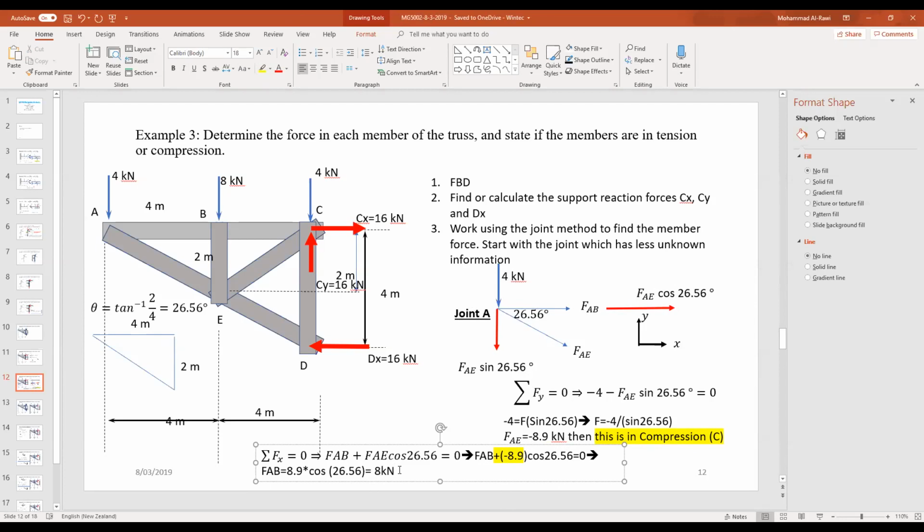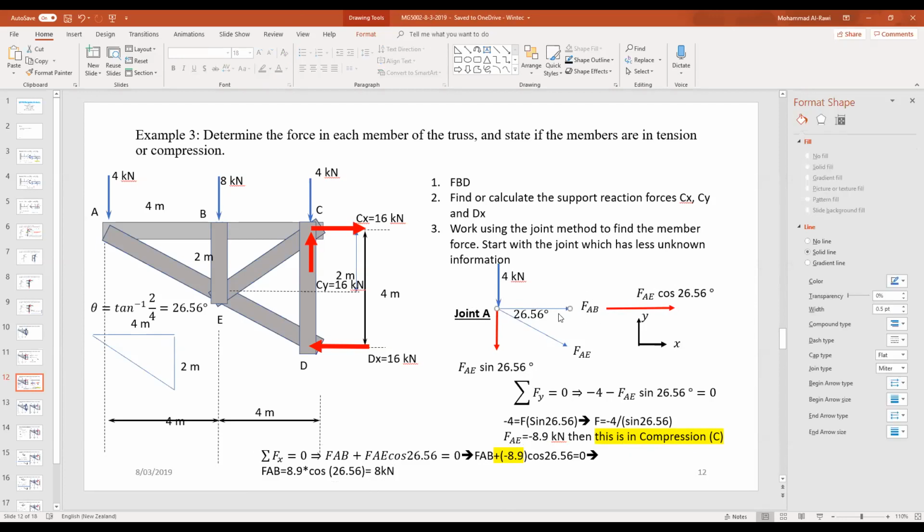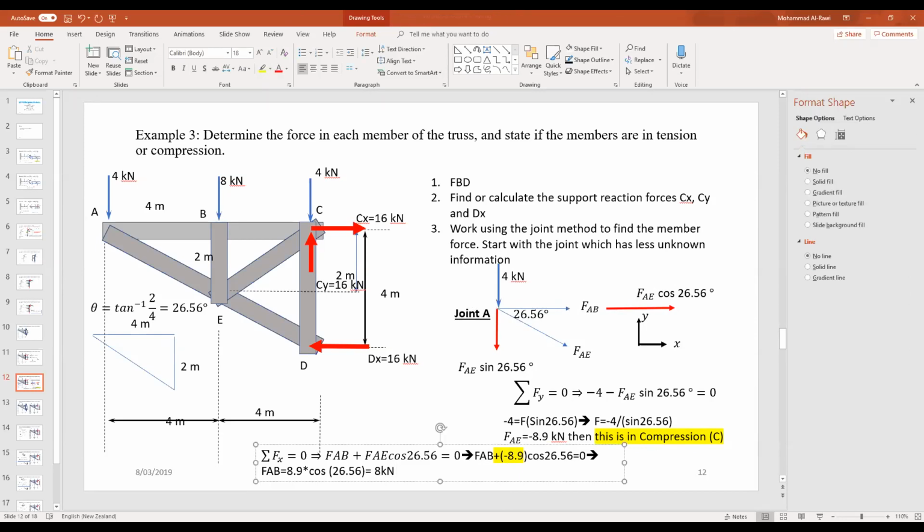Now, the 8 kilonewtons for FAB, the force in blue color, is actually acting as a tension. So it's a correct sign for it. I don't need to mention anything, but the one in red is actually assumed in the wrong direction. It should be in compression.